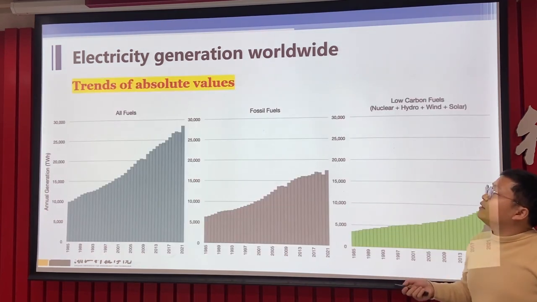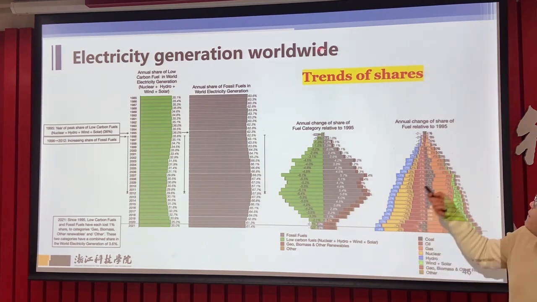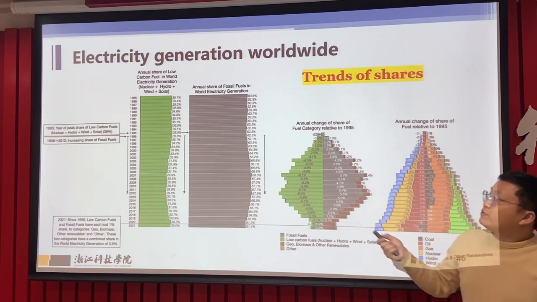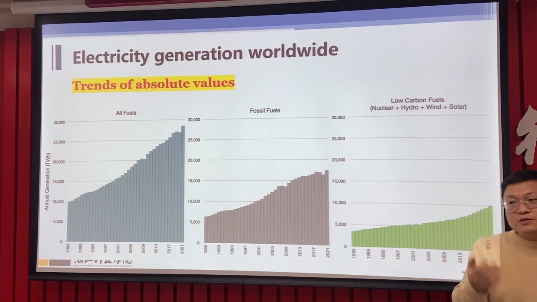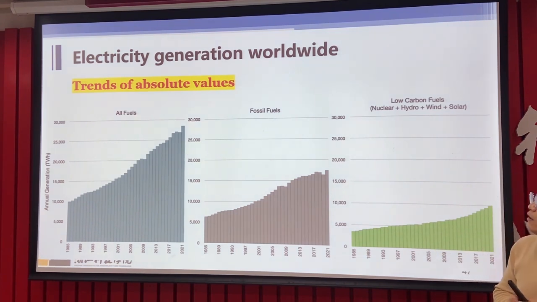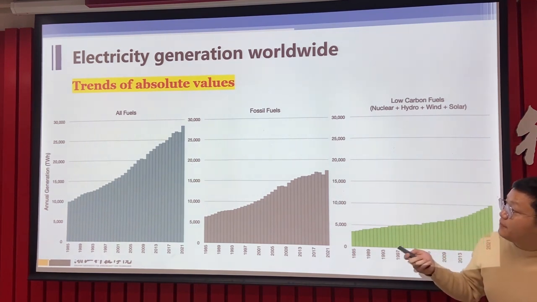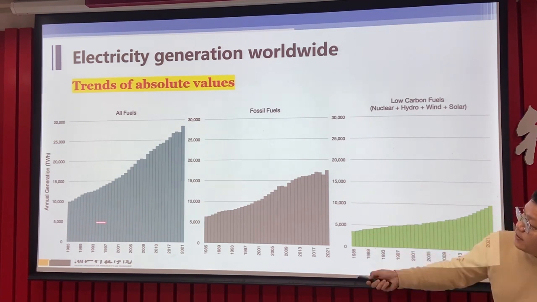And also, we have been talking about the shares, and now we are going to talk about the absolute values. The shares may have decreased, but the absolute values of most of the electricity generation from different fuels are increasing. For example, here is all fuels.